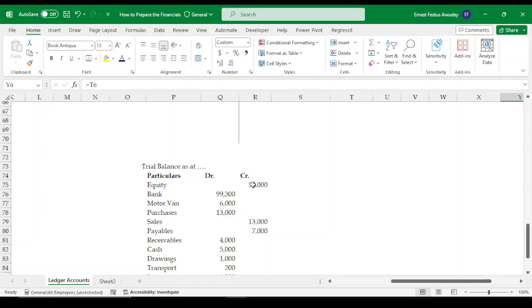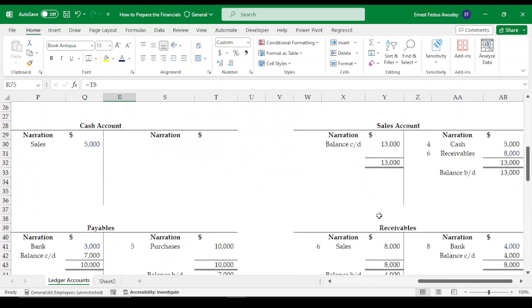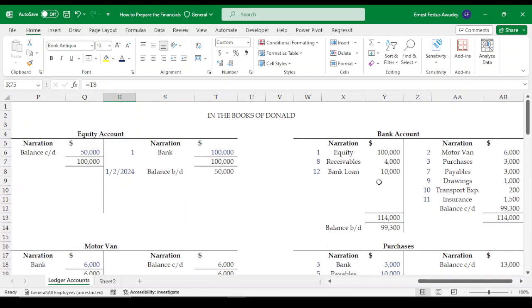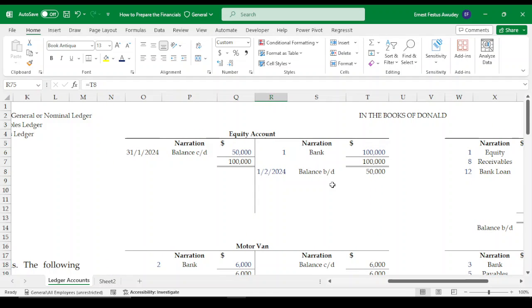So this is equity 50,000. This is T8. It's referencing T8. All right, because we didn't automate this, the balance carried down is supposed to be equal to the total.